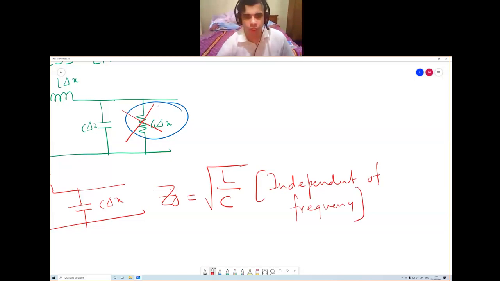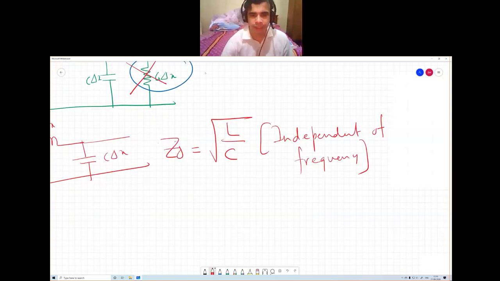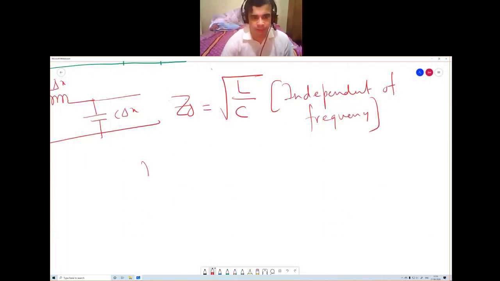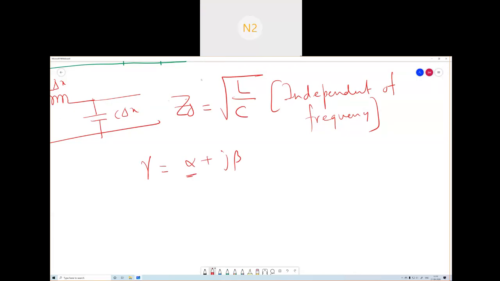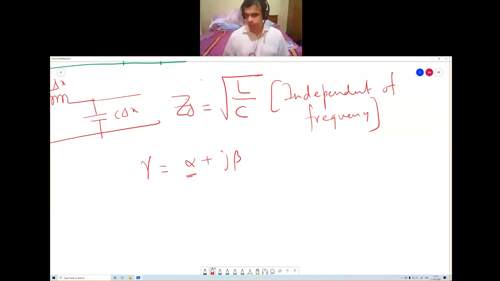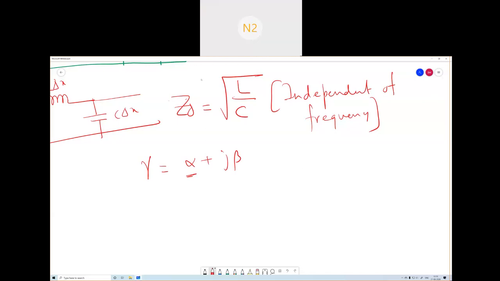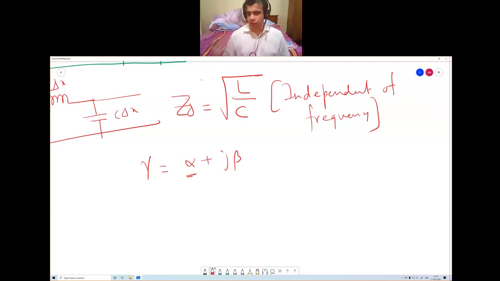Okay. Also notice that we have defined small gamma as alpha plus j beta. What was alpha? The attenuation constant. Attenuation is when a signal gets attenuated due to loss. If I send a signal, obviously there will be losses, and as a result the signal will get attenuated.